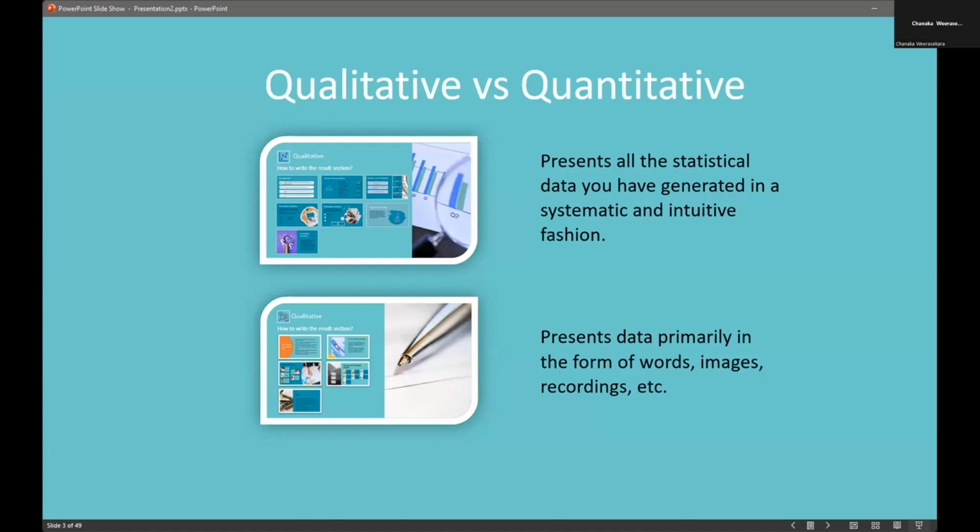Right. Anyway, as you all mentioned, let me summarize it now. Quantitative data are more straightforward type of data where we can measure them using numbers. Mostly we analyze quantitative data through statistical methods.